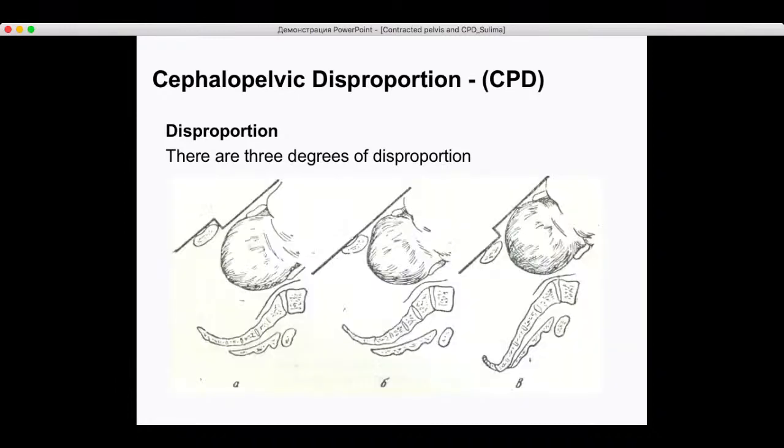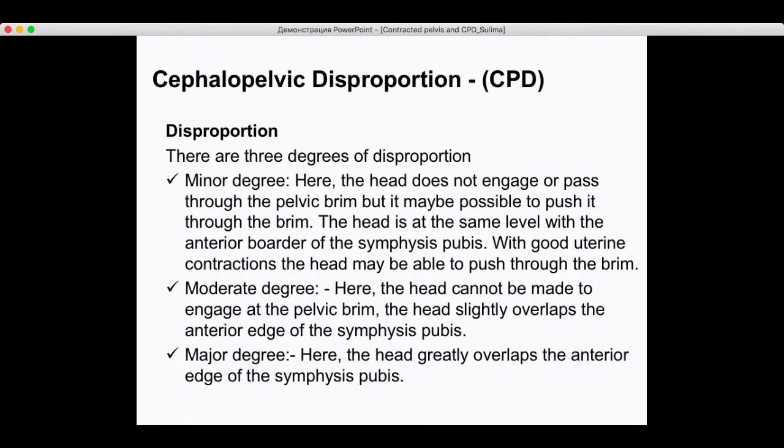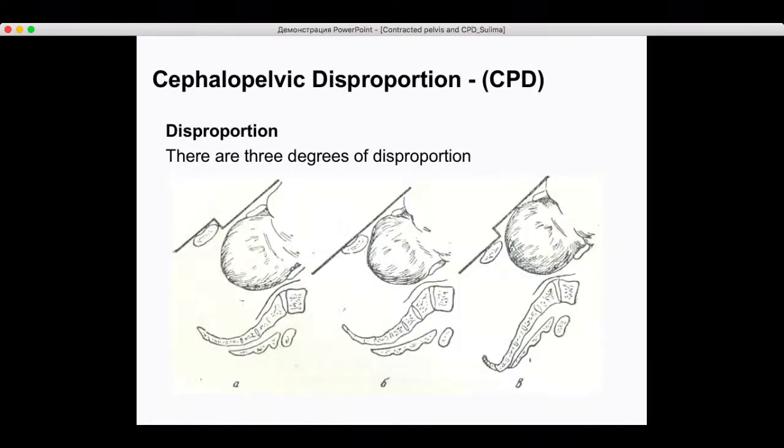You can see it clearly on the middle picture. And on the right picture, this is the major degree, when the head greatly overlaps the anterior edge of the symphysis pubis. This is the positive Vasten sign. And in this case, of course, this is the indication for ending the labor with cesarean section.